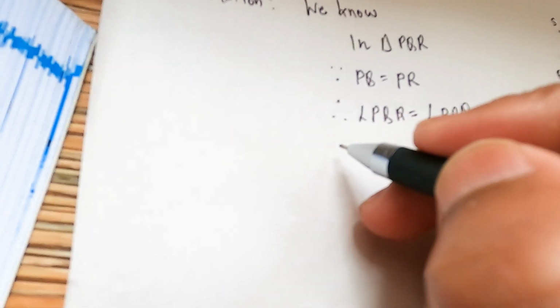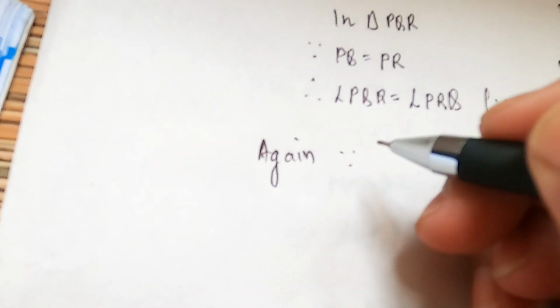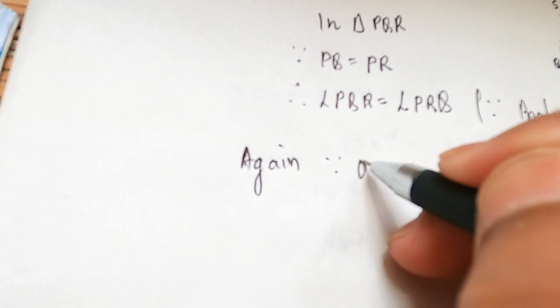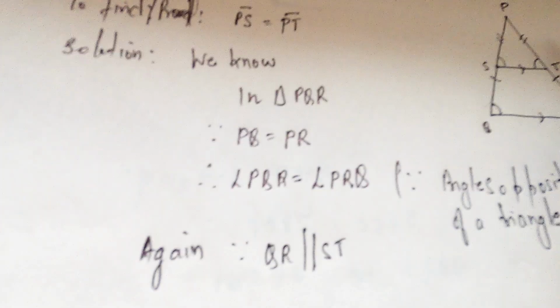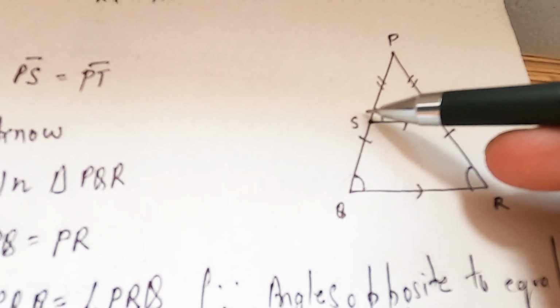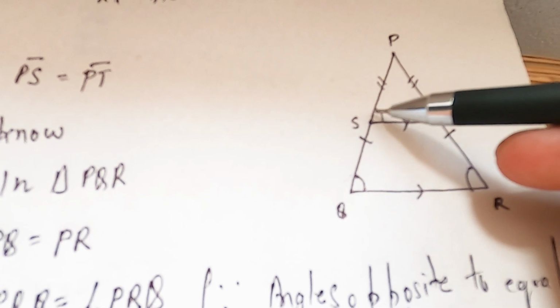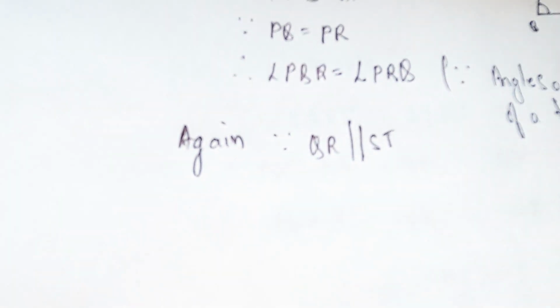Now again, since QR is parallel to ST, angle Q will be equal to angle S, and angle R will be equal to angle T, corresponding angles.